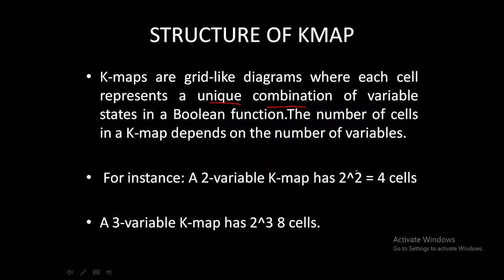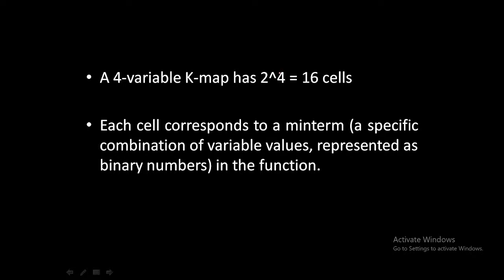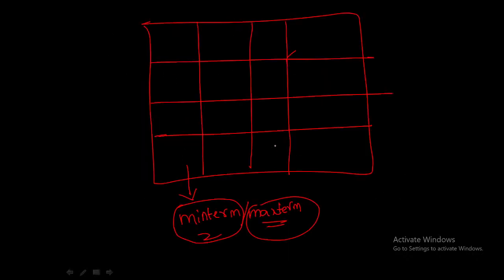So for a 2 variable K map, the number of cells will be 4, for a 3 variable K map it will be 8, and for 4 variables it will be 16 cells, and each cell corresponds to a min term or a max term.